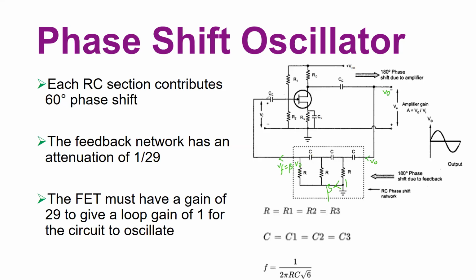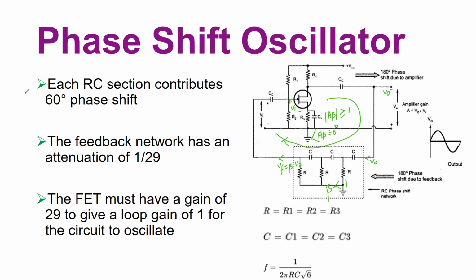And then VF is getting coupled with your input VI. So you have to make sure that the loop gain A times beta, where A is the open loop gain, has an angle of 0 degrees, and the magnitude of A times beta is greater than or equal to 1.